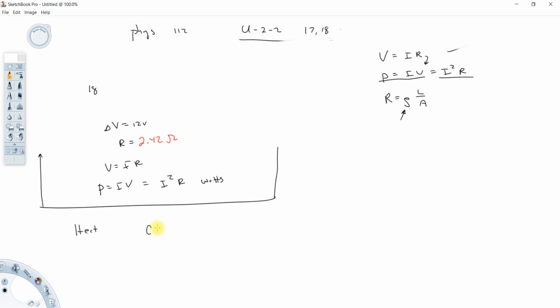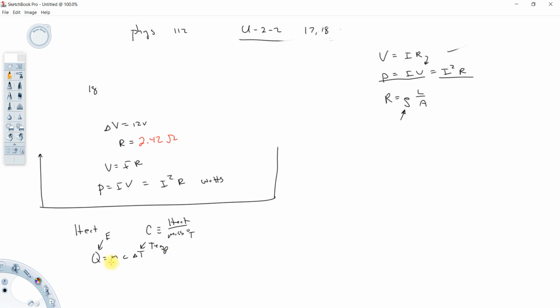Specific heat, usually denoted with the letter C, is defined as heat over mass degrees centigrade. Really, it's the heat required to raise 1 kilogram by 1 degree centigrade. Equation-wise, Q equals mc delta T is something everybody should be familiar with from first semester. This is an energy. This is a temperature change.